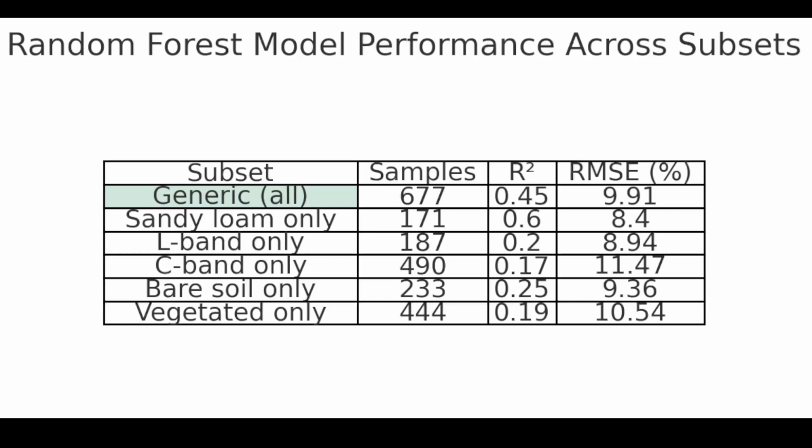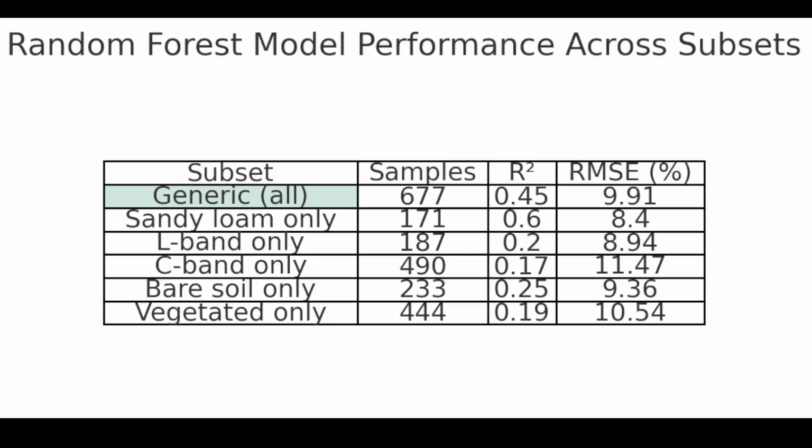And if we split, most importantly the land cover split, the bare soil actually gives only 0.25 R square, and also the vegetated soil is 0.19. Again, both of these are worse than the generic model, and of course it's much lower than the sandy loam.